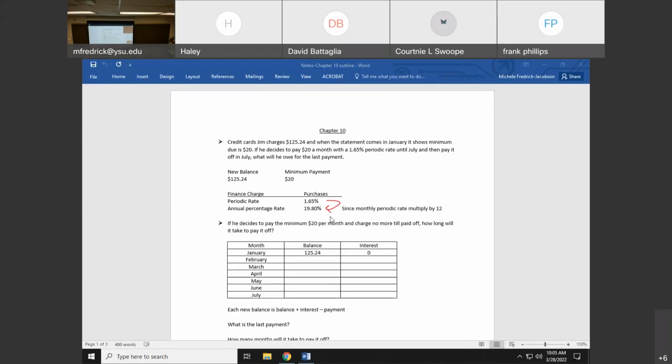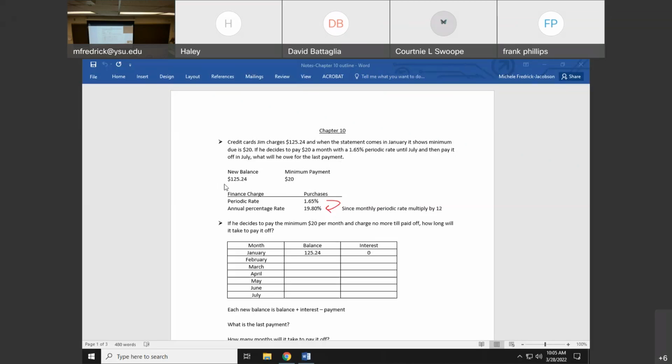So we're going to do an example. Credit cards. Jim charges $125.24, and when the statement comes in January, it shows a minimum due of $20. If he decides to pay $20 a month with a 1.65% periodic rate until July, and then he pays it off in July, what will he owe for the last statement?